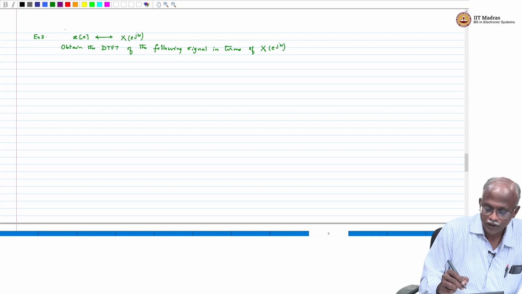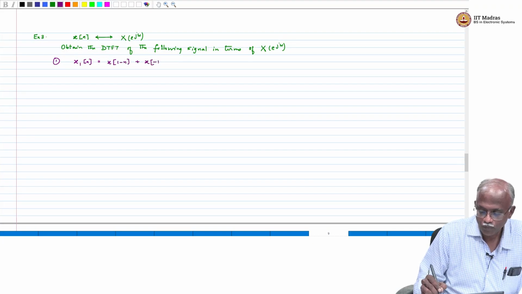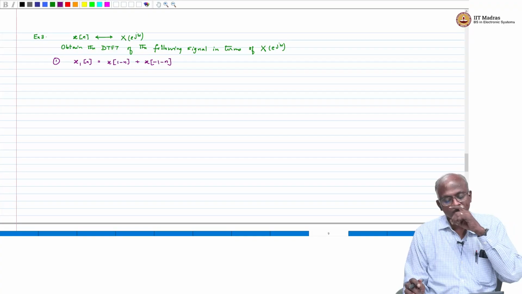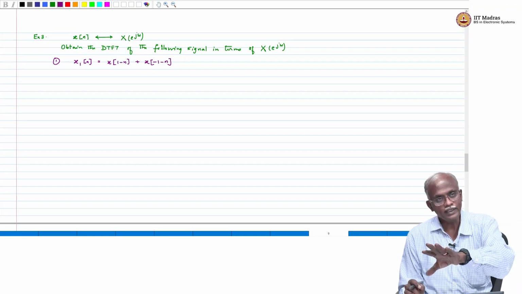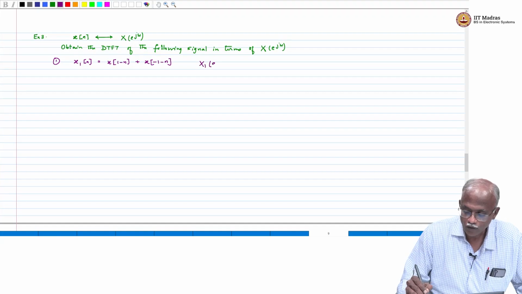The first of these sequences is x1 of n equal to x of 1 minus n plus x of minus 1 minus n. So x1 is related to x. We are asked to obtain x1 e of j omega in terms of x e of j omega.